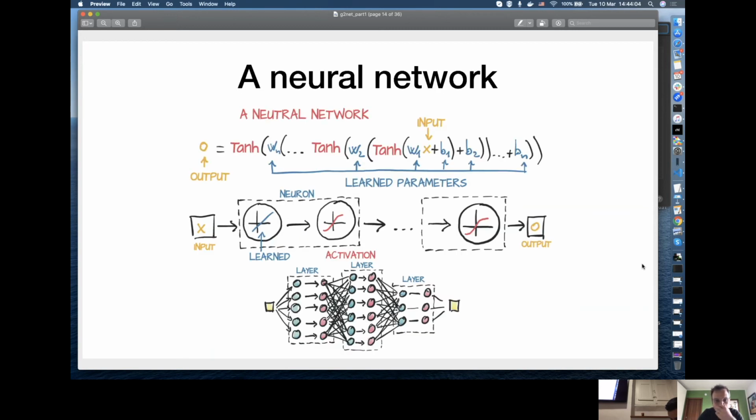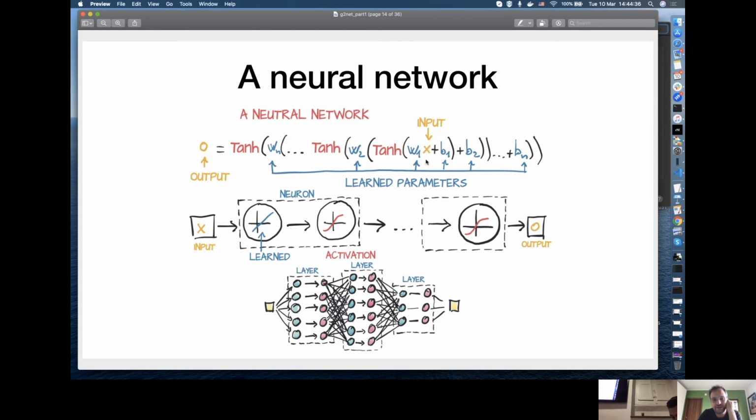Okay, so what a neural network looks like in practice when you start arranging these units, the linear part and the nonlinear part, and stack them one on top of the other, is that really you are composing a function. So this on top is nothing but a neural network expressed as a mathematical expression.